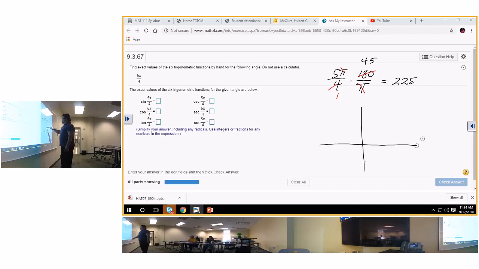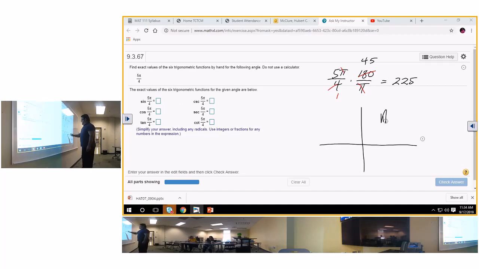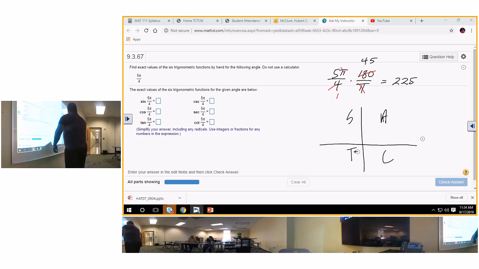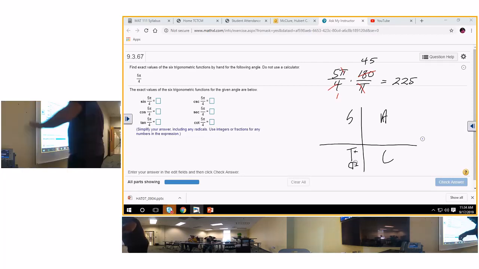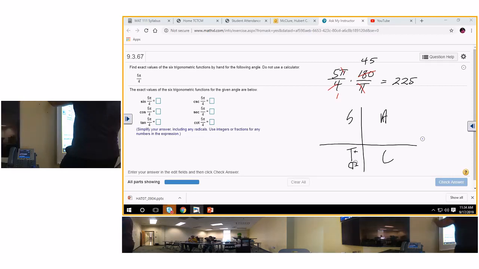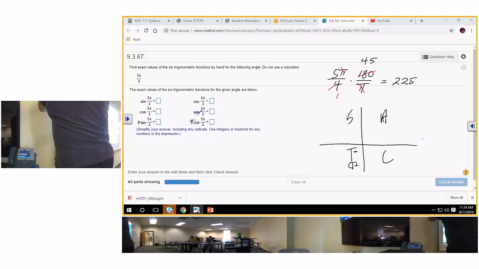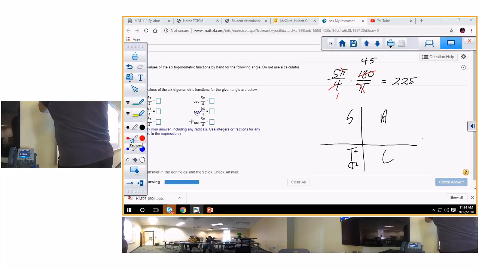Third quadrant. All students take calculus. So everything except for the tangent and the what? Cotangent are positive. Everything's negative except for those 2. The tangent is positive and the cotangent is positive. So therefore, all the others are going to be what?